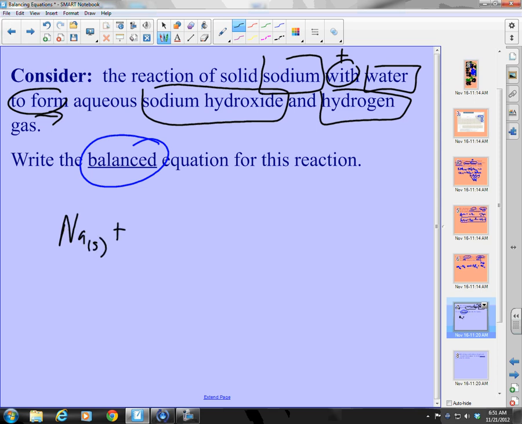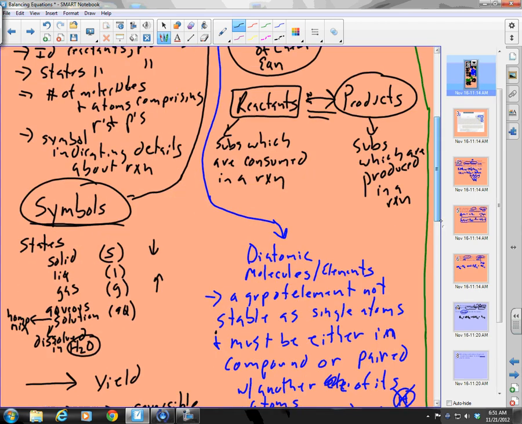How do I write water? H2O. Although I'm going to start writing water this way, and you'll see why in just a little while. Liquid yields aqueous sodium hydroxide, NaOH aqueous, plus hydrogen gas, H2. Good. All right. So we've done all that, and we're an expert at that really by now.